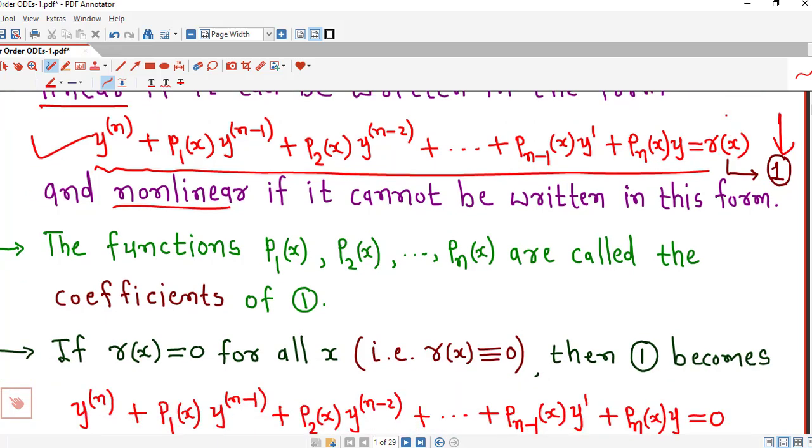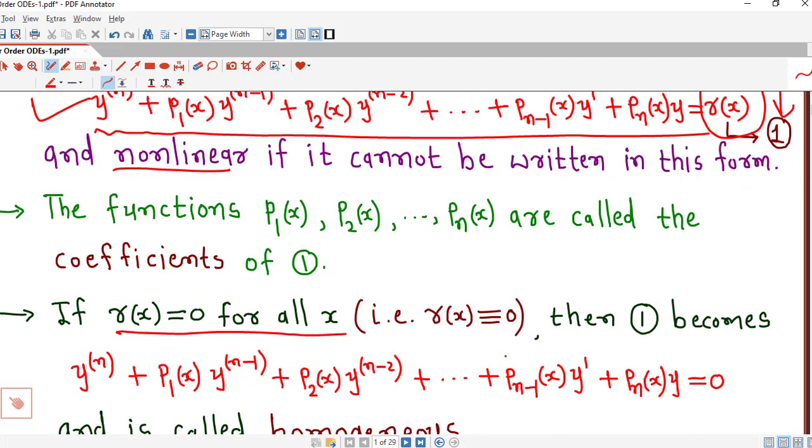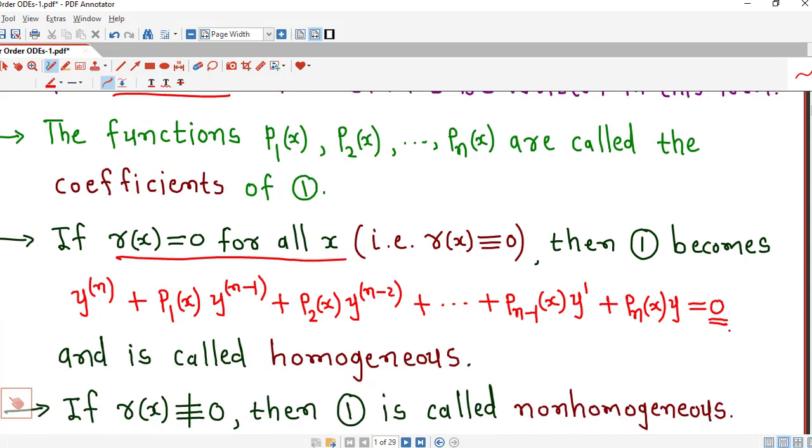Now depending on the right hand side, again we have two definitions. If the right hand side is 0, that is if rx equal to 0 for all x, then equation 1 becomes yn plus p1x into yn minus 1 and so on, plus pnx y equal to 0. And if the right hand side is 0, we will call it a homogeneous linear differential equation.